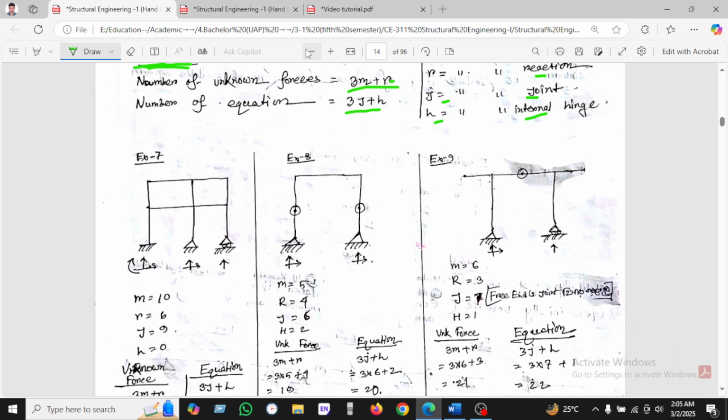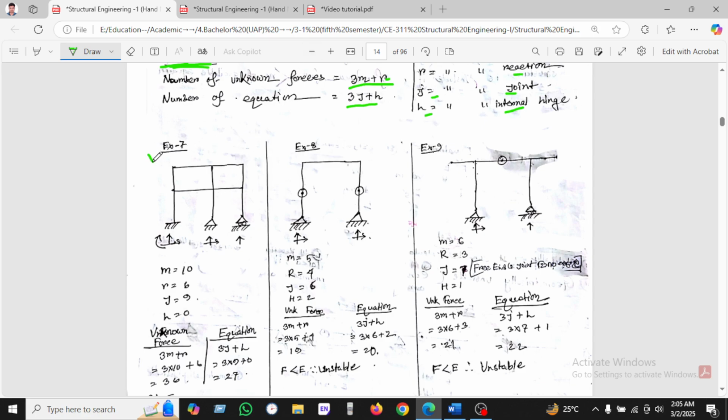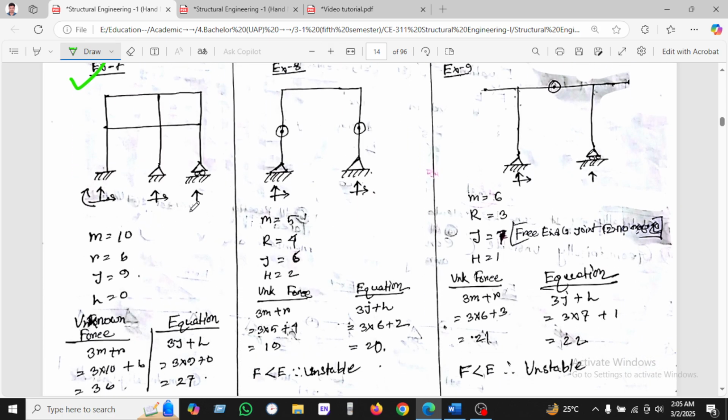This is an example. We can solve this example. Okay, so we can see how many members: 10 members, 1 2 3 4 5 6 7 8 9 10. So these are the 10 members. How many reactions? 6. This is the roller, that's why 1. This is the pin, that's why 2, one along the x axis and one along the y axis, and this is the fixed support, that's why 3.